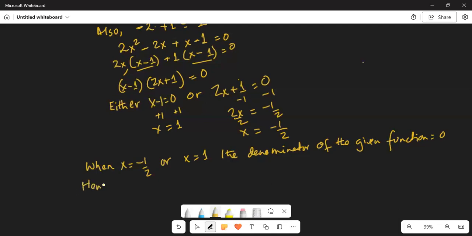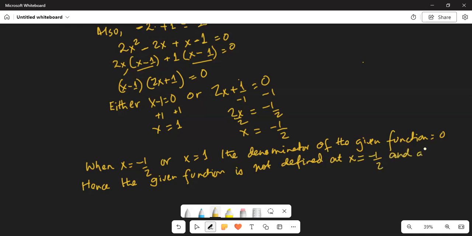Hence, the given function is not defined at x equal to minus half and at x equal to 1.